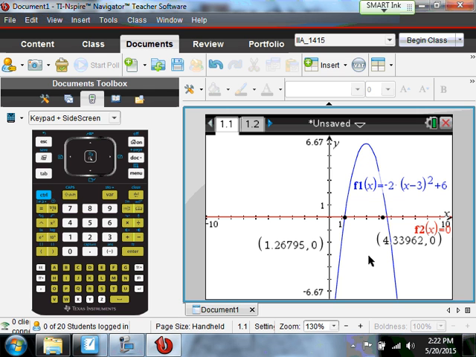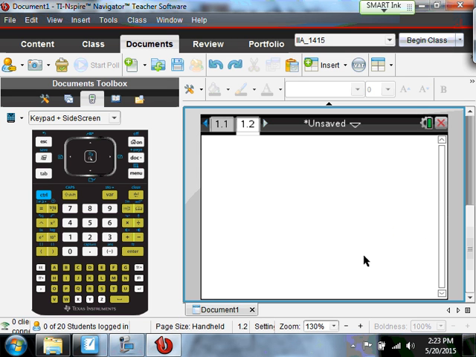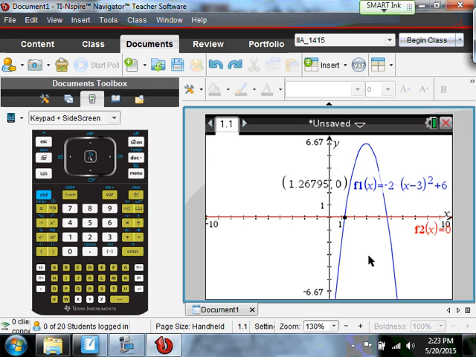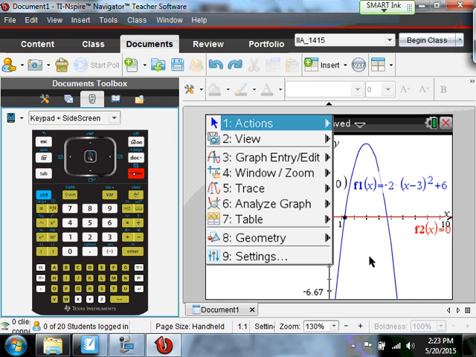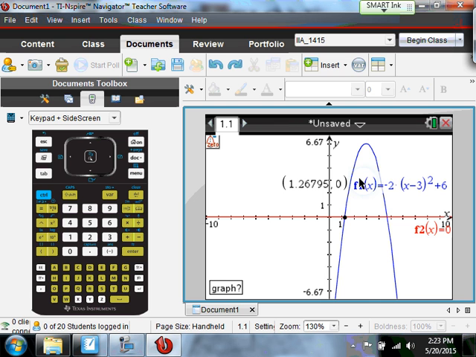I don't think that 4.331 is right, so something went awry there. Let me just undo all that. Okay, so menu, analyze graph, and find the zero. It's asking for a lower bound, so I'll click to the left of it, and an upper bound, I'll click to the right of it. So yeah, 4.73. There we go.